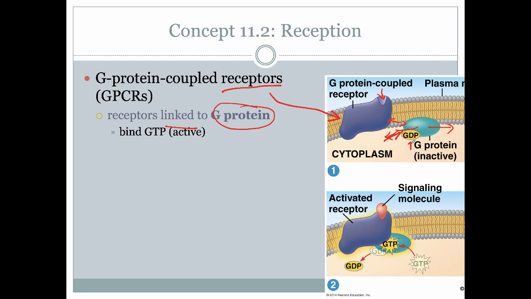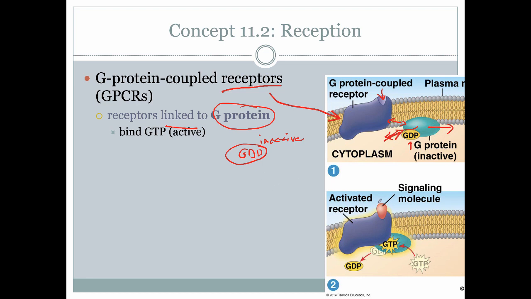And it's bound to GDP. Okay, so what's really important is that you understand how these G proteins work. So a GDP bound G protein is inactive. And what inactive means, it's not relaying the signal. So think of the G protein as one of these relay molecules. So there's no signal, the G protein is inactive.